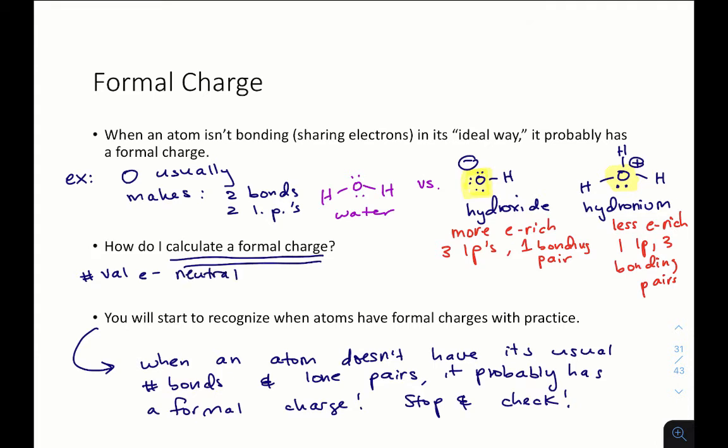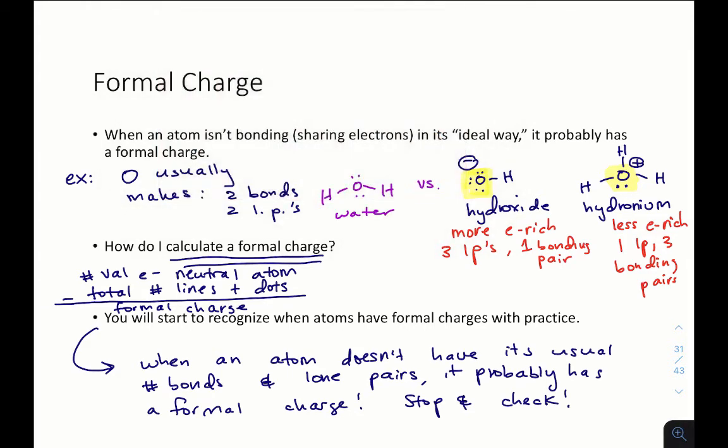And I'll do an example in a moment. And then subtract from that the total number of lines plus dots. So basically you count each individual electron of a lone pair. So you count the lone pair twice. And that gives you the formal charge for that particular atom.